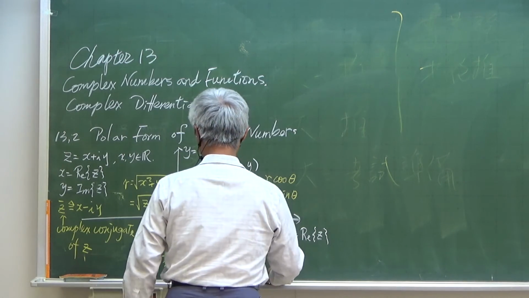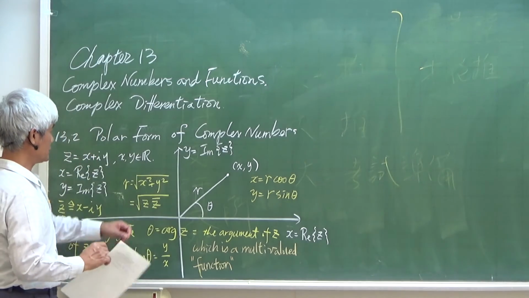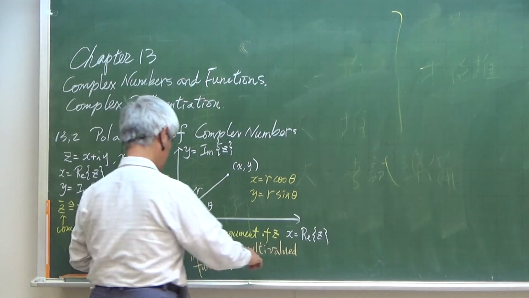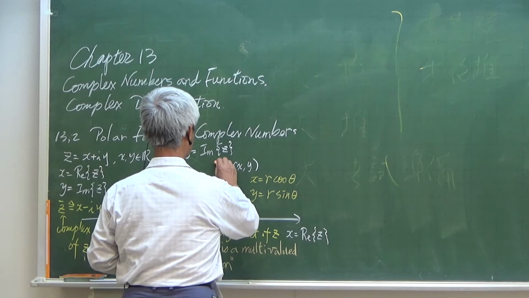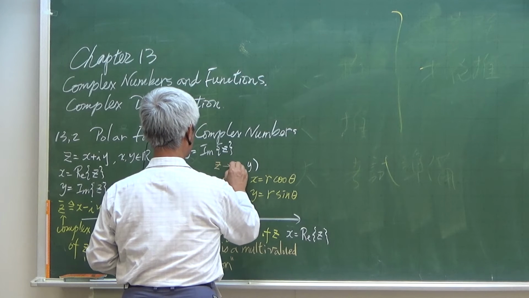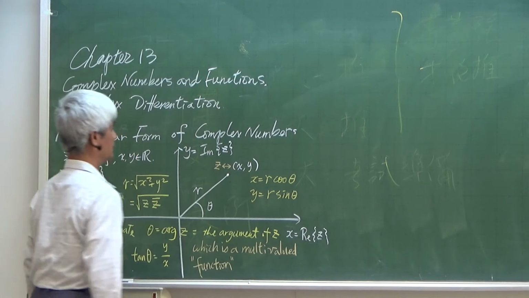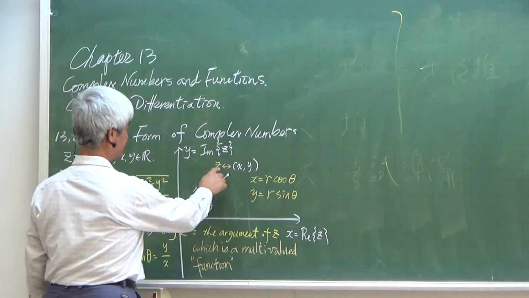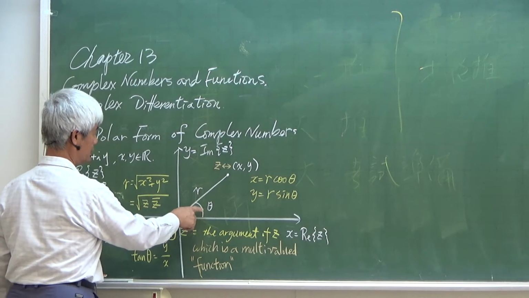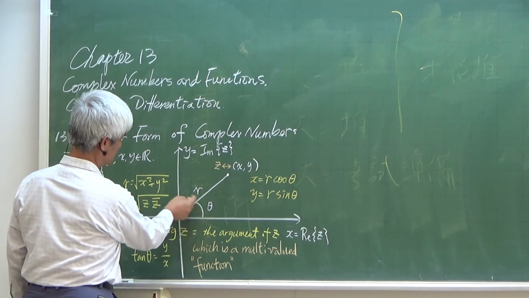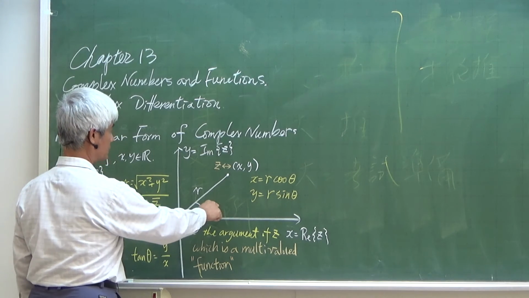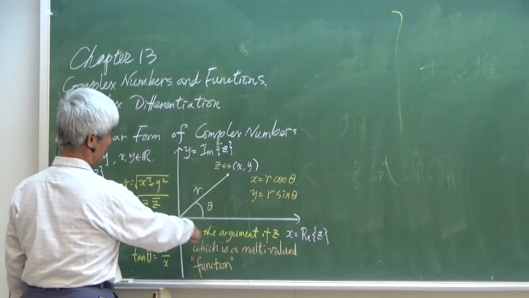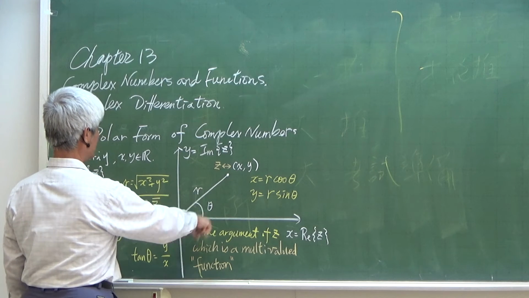Okay? So corresponding to one z, z is represented by a point x, y. And for the same z, theta can be this angle plus 2 pi times n, alright?